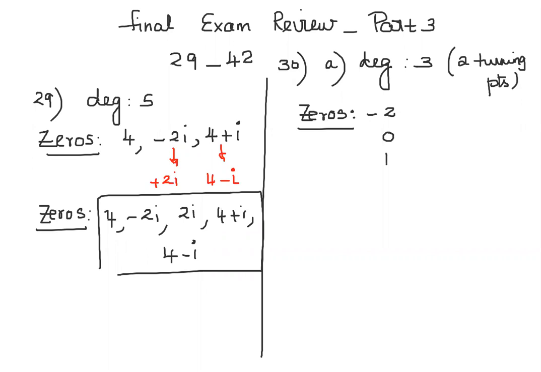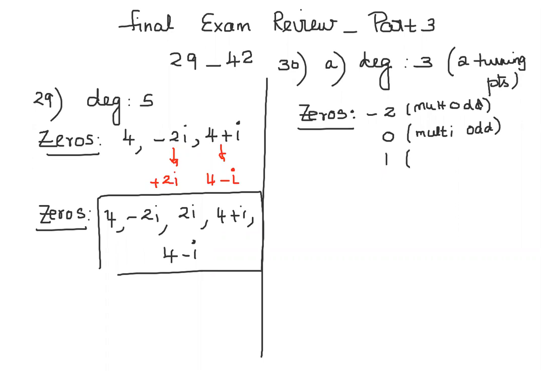And the multiplicities. The multiplicity for negative 2, it's crossing the graph, so it's going to be odd multiplicity. And 0, it's crossing again, so the multiplicity is going to be odd.